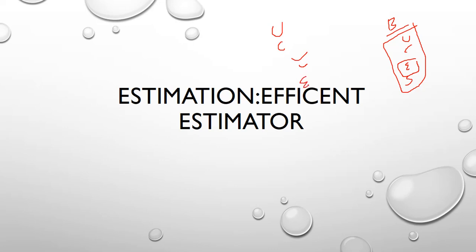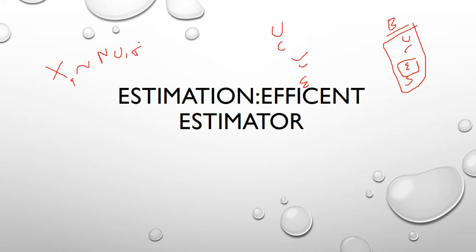Efficiency means, for example, if we have a parametric family of distributions, and X_i are random samples from a normal distribution with mean mu and variance sigma square.